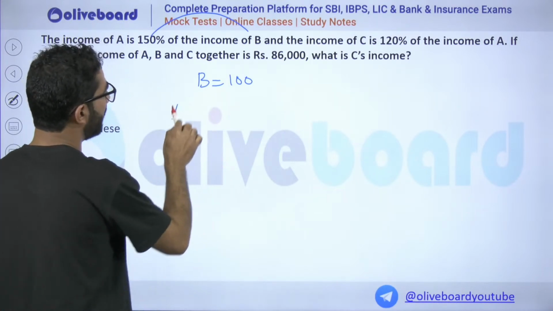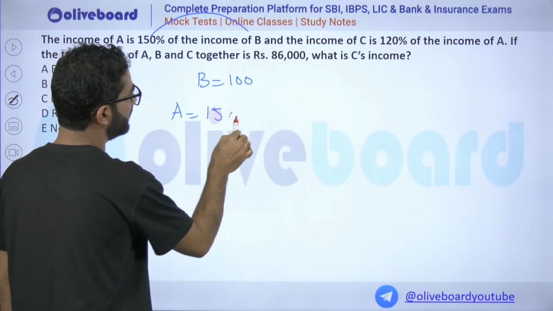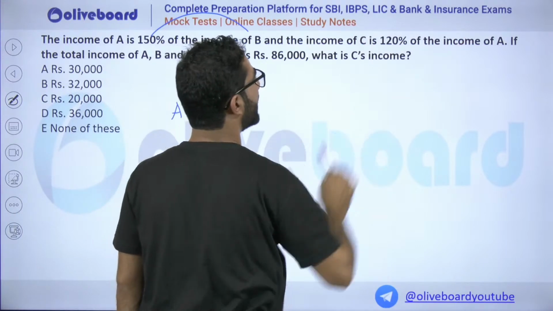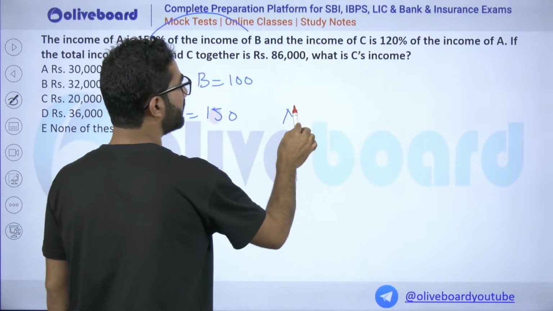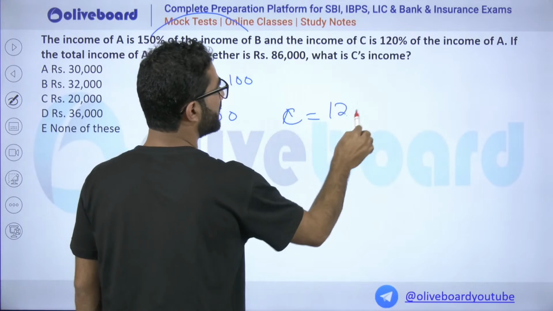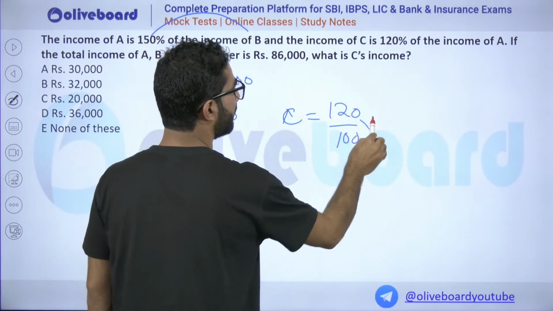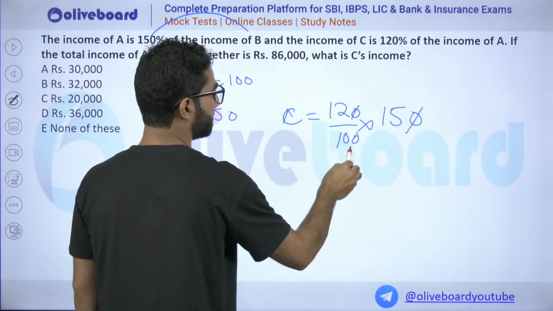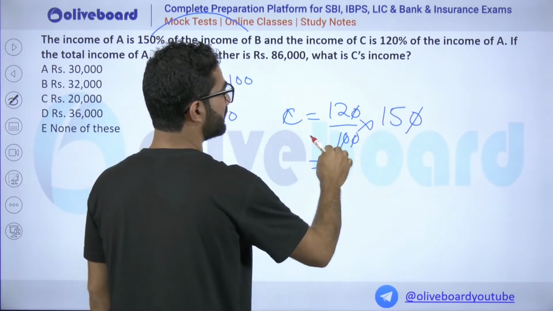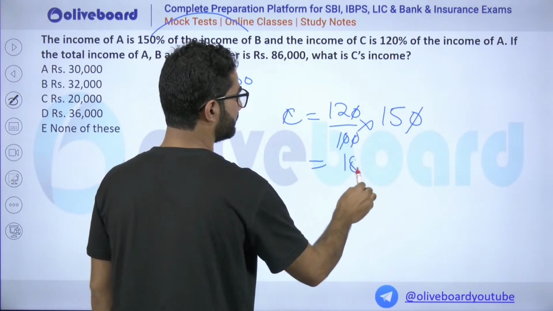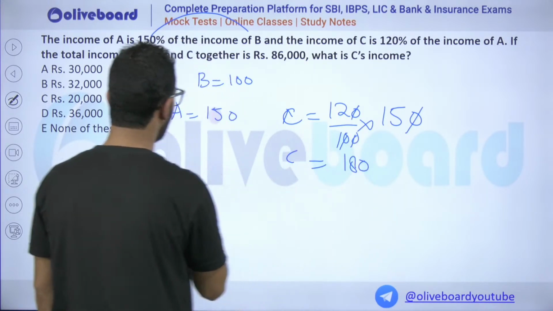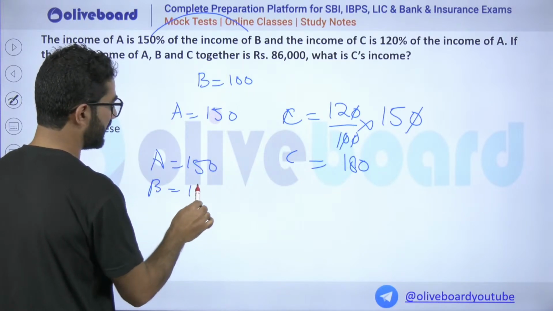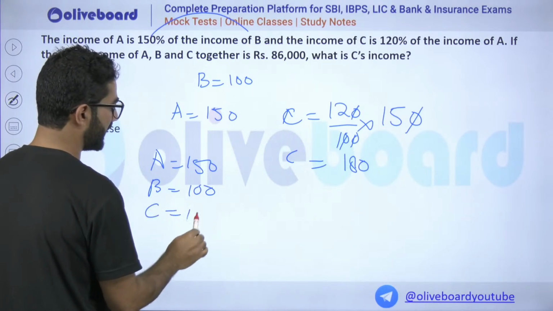And income of C is 120% of income of A. So 120% of 150, 12 into 15 will be how much? It will be 150 plus 30, that is 180. So you got the value that A is 150, B I just take 100, and C is 180.